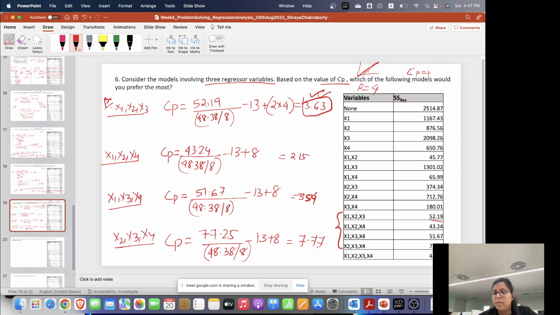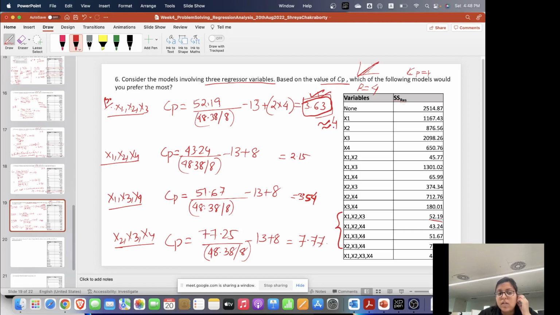But if we are not focusing on that Cp close to p criterion and we just want to focus on the lowest value, then we would choose this one. But it's advisable to choose a Cp which is low as well as close to the value of p. So based on those criteria, we would choose this one as it closely approximates 4.